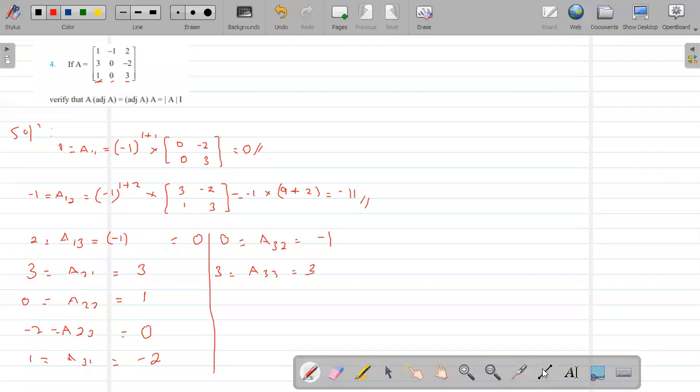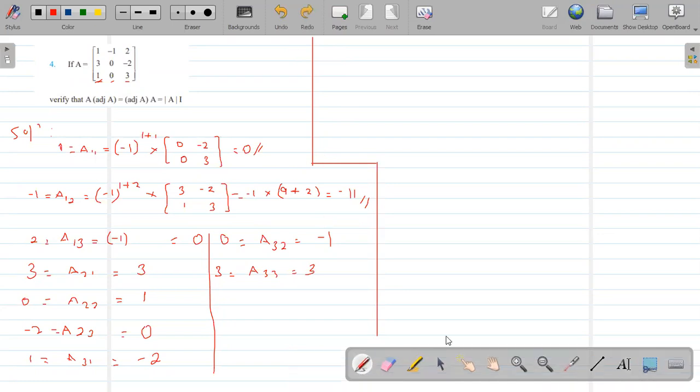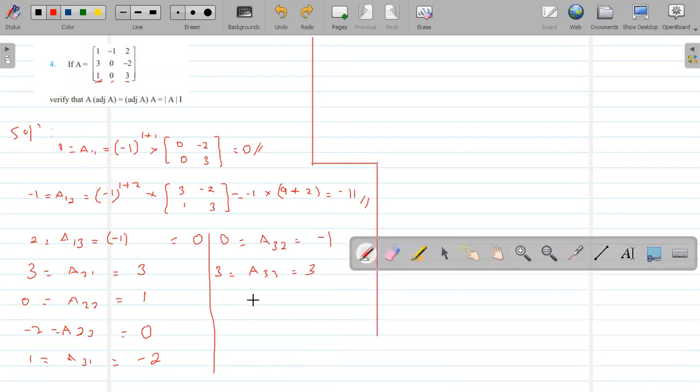Okay. Let me draw a line. Okay. So here is your adjoint, or no, not adjoint. First, let me write this in matrix form. So what will the matrix form be?